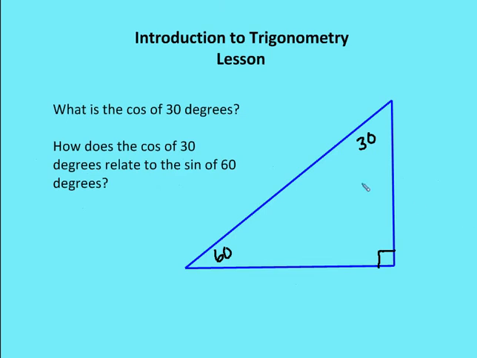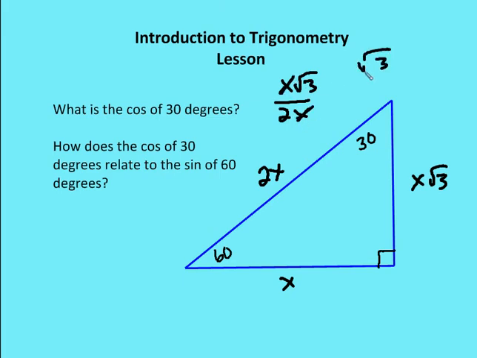We have the cosine of 30 degrees, and so we mark up the values again: 2x, x root 3, and x. So the cosine of 30 degrees gives us the adjacent side, or x root 3, over the hypotenuse, which is going to be 2x. Again, the x is reduced to 1, so I'm left with root 3 over 2.